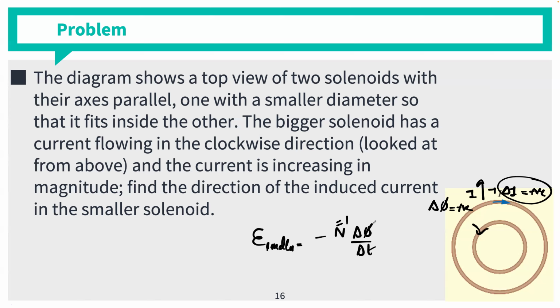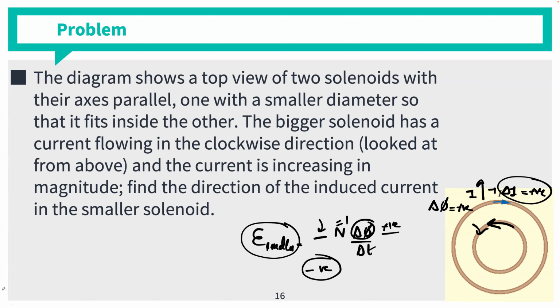N is anyway 1, delta phi is positive, and the formula has a negative. That means EMF induced will be negative into positive, being negative. That means the EMF induced in the smaller coil will be opposite to the EMF in the bigger coil. That means the current should be opposite. Why, sir? Because the EMF should be negative. So a negative EMF means opposite current.